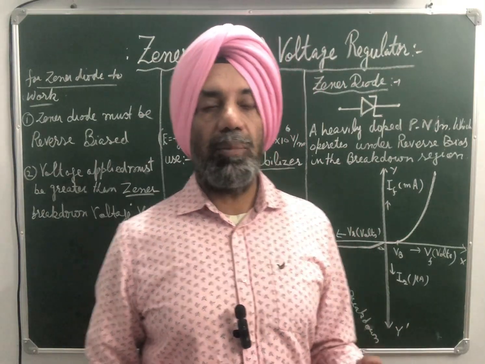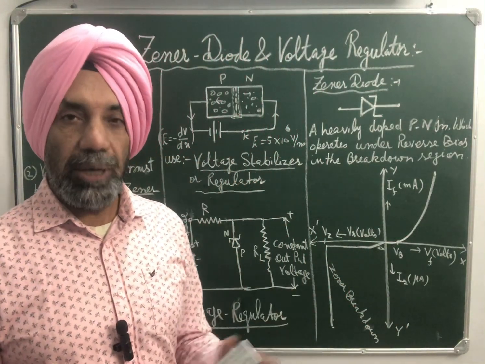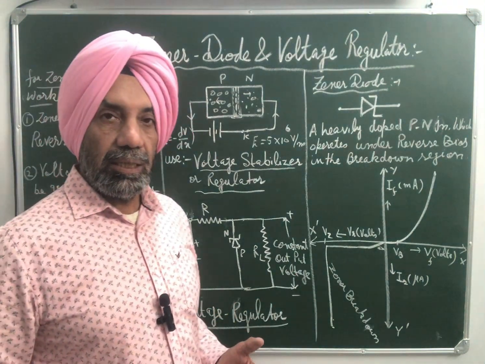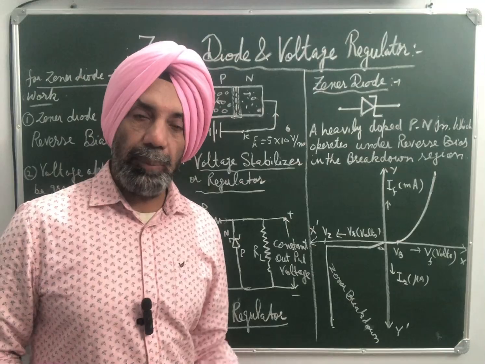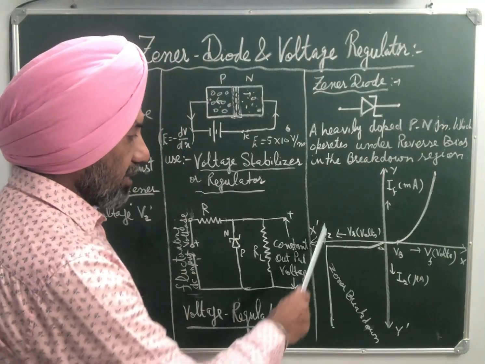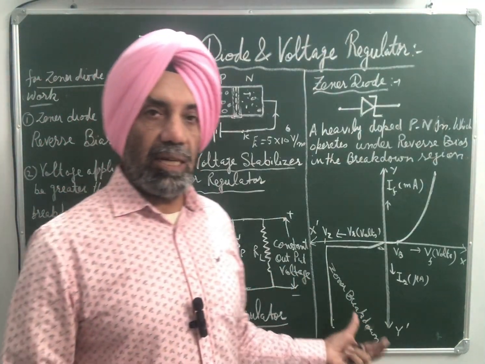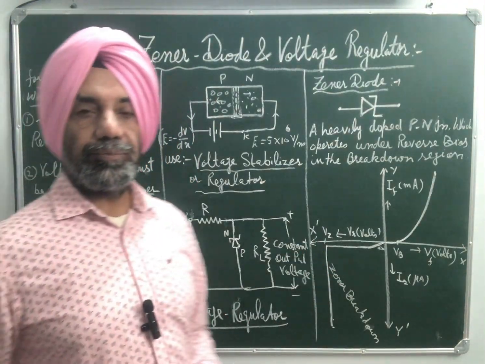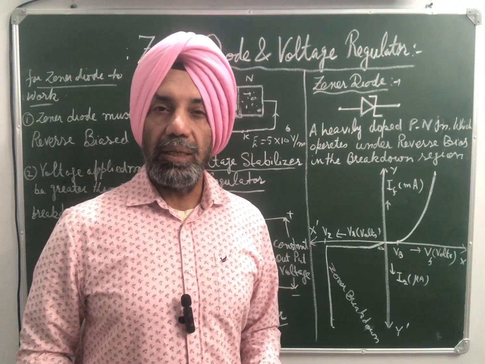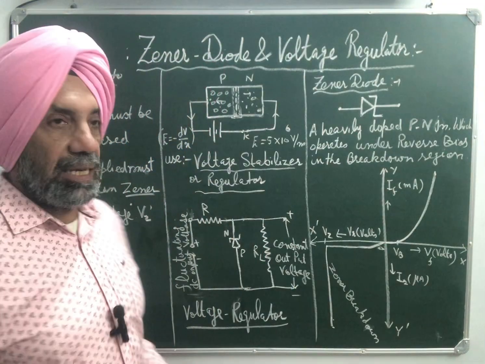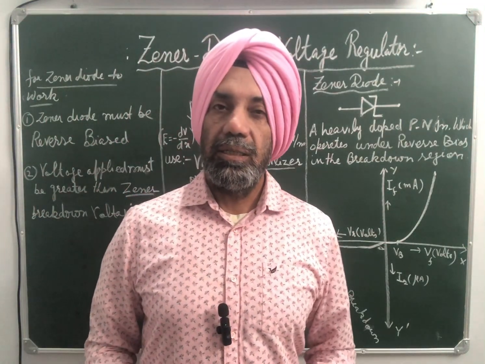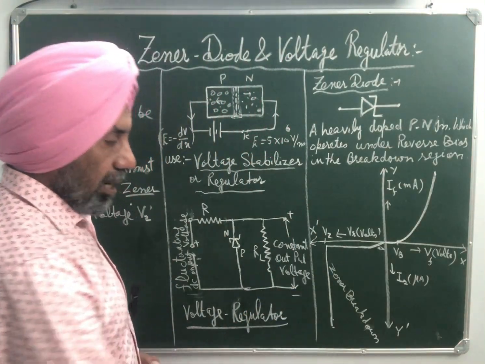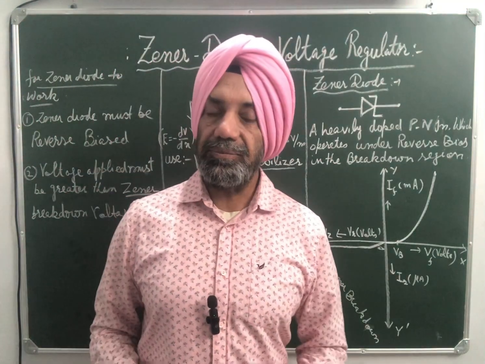As a result, a large number of electrons and holes are produced, so current rises abruptly. This phenomenon is known as Zener breakdown, and the particular voltage at which this occurs is known as Zener breakdown voltage. This property of the Zener diode makes it usable as a voltage regulator or voltage stabilizer, because beyond the Zener voltage, current becomes independent of voltage.